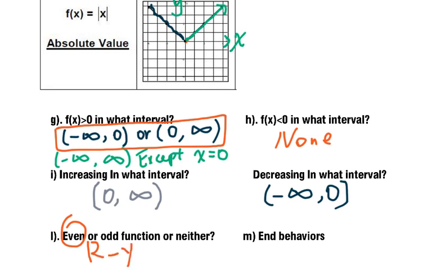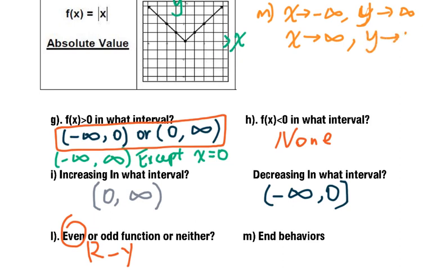For end behavior, I will write it down over here. When x goes to negative infinity, we can check, y will go to positive infinity. Then when x goes to positive infinity, y still goes to positive infinity.